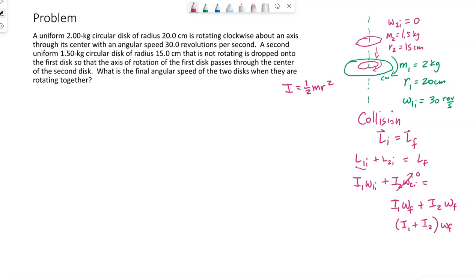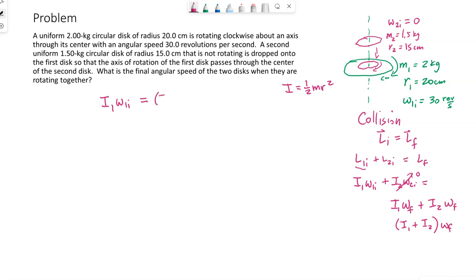Because disk 2 is not rotating initially, all of the angular momentum is what disk 1 has.